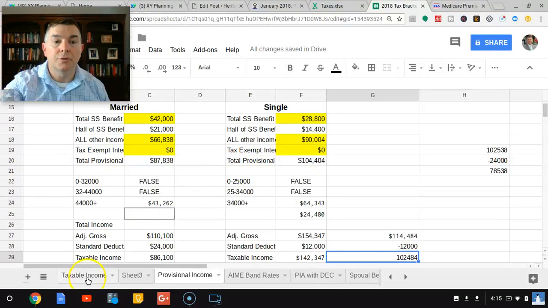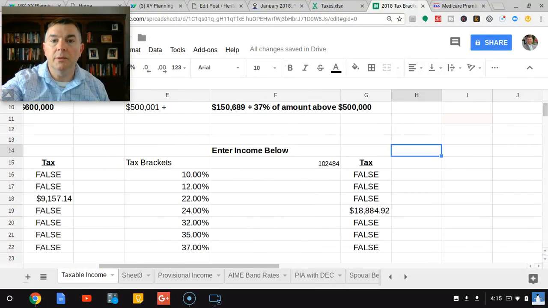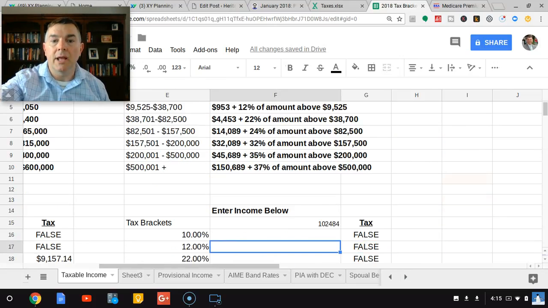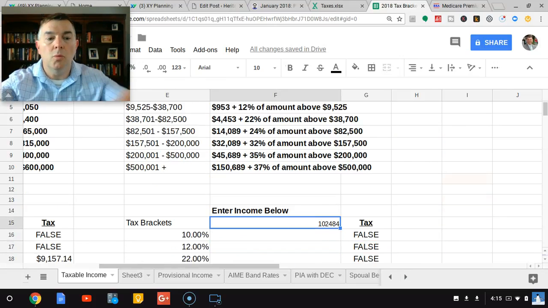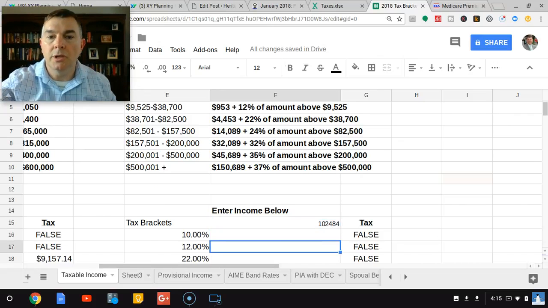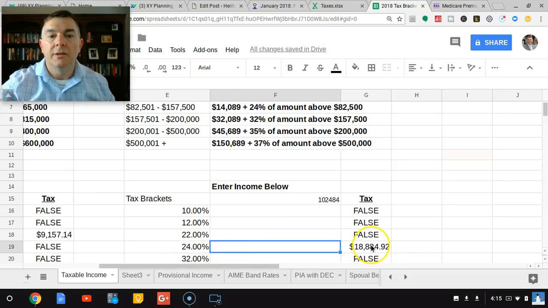Let's go to my trusty old tax calculator here. This is going to be for single taxpayers. $102,484, which I'll show you, puts her deep in the 24% tax bracket, at $18,894.